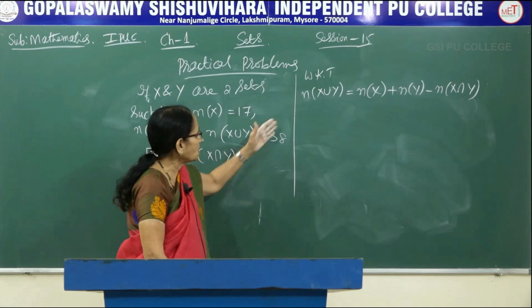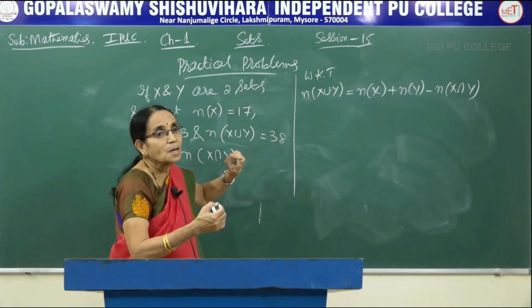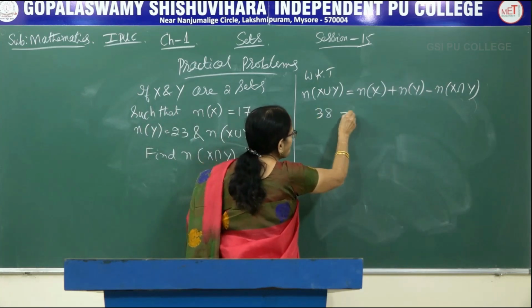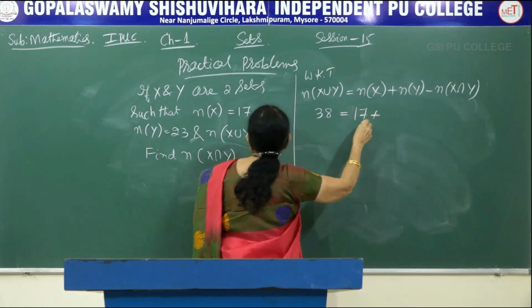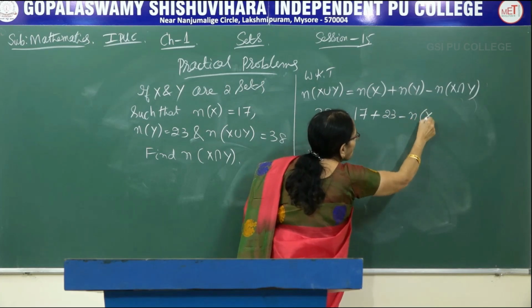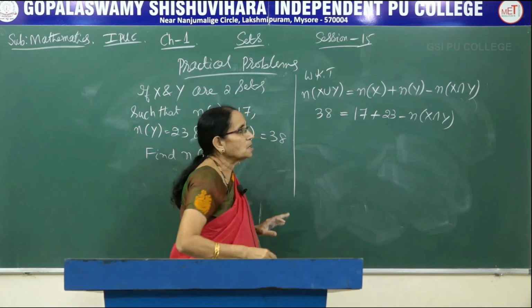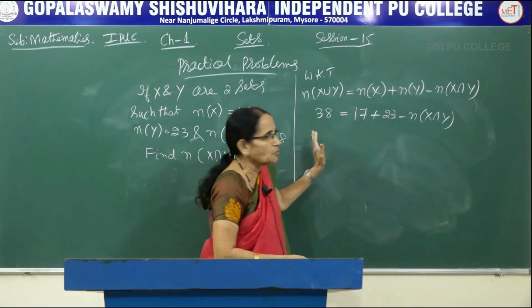Now, in this one, directly the data has been given in this form only, so the problem is a little bit easier. N of x union y is 38. What is n of x? It is 17. N of y is 23, and this is the unknown quantity, n of x intersection y. Take it to the left hand side.